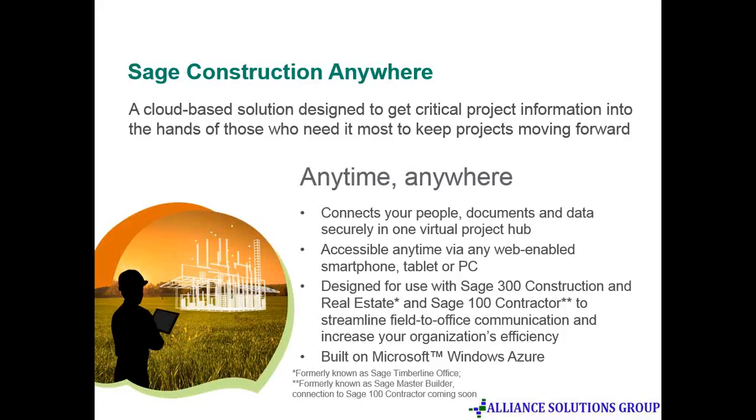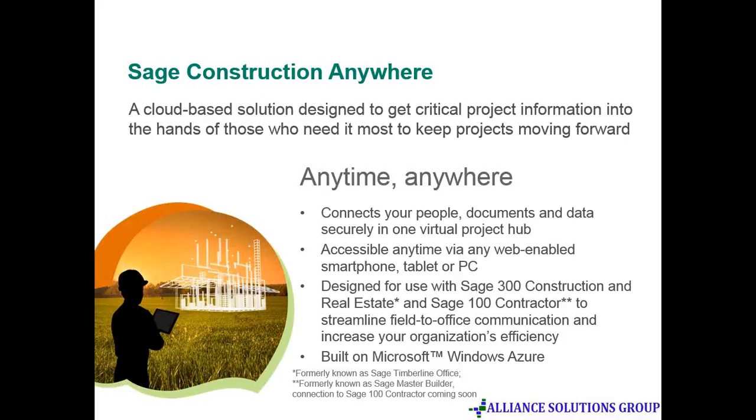Again, you can use any browser, Google Chrome, Mozilla, Internet Explorer. It's designed exclusively for the Sage 300 construction and real estate product and the Sage 100 contractor. The Sage 100 contractor will be coming soon. The Sage 300 construction and real estate connection is up and running.